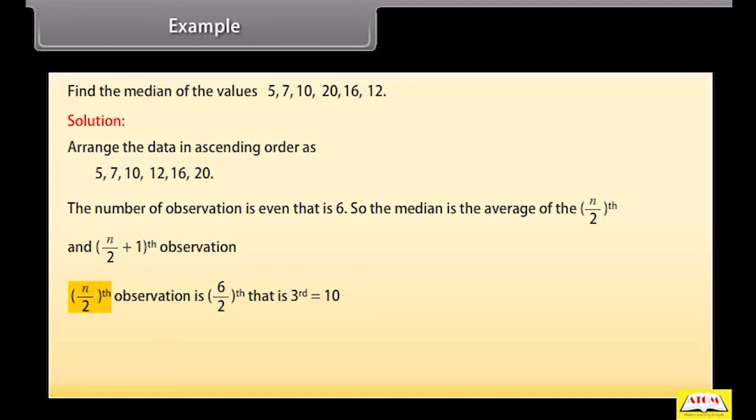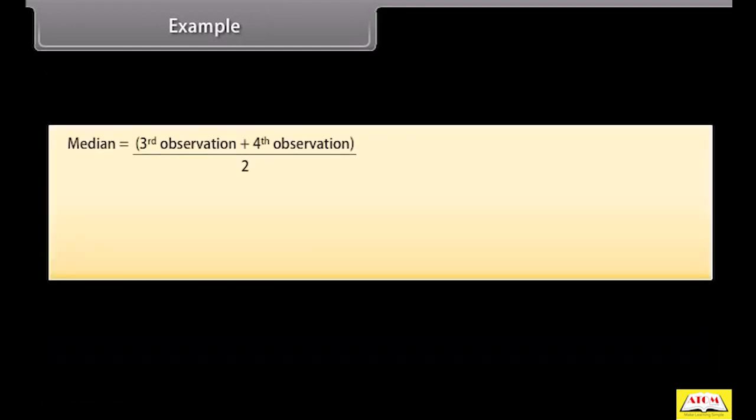The n by 2th observation is 6 by 2th, that is, third, equals 10. The n by 2 plus 1th observation is 6 by 2 plus 1th, that is, fourth, equals 12. Median is equal to third observation plus fourth observation by 2, which equals 10 plus 12 by 2 equals 11.